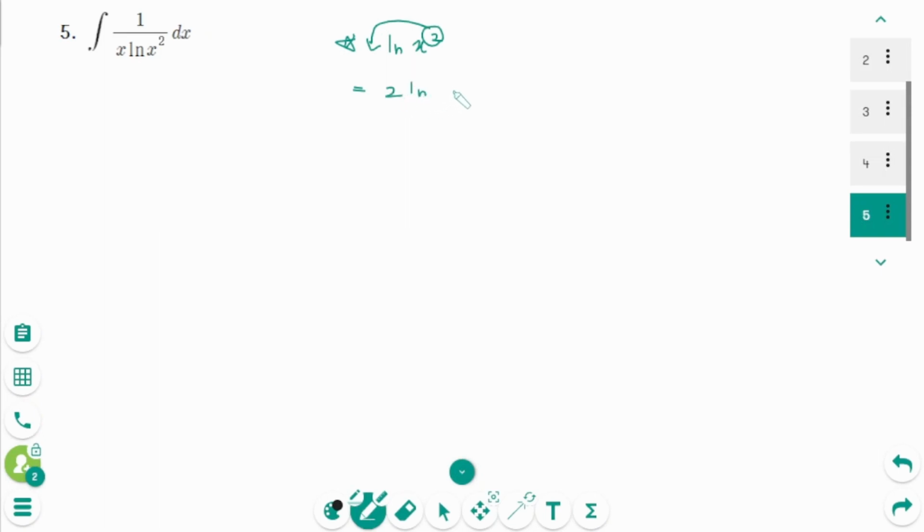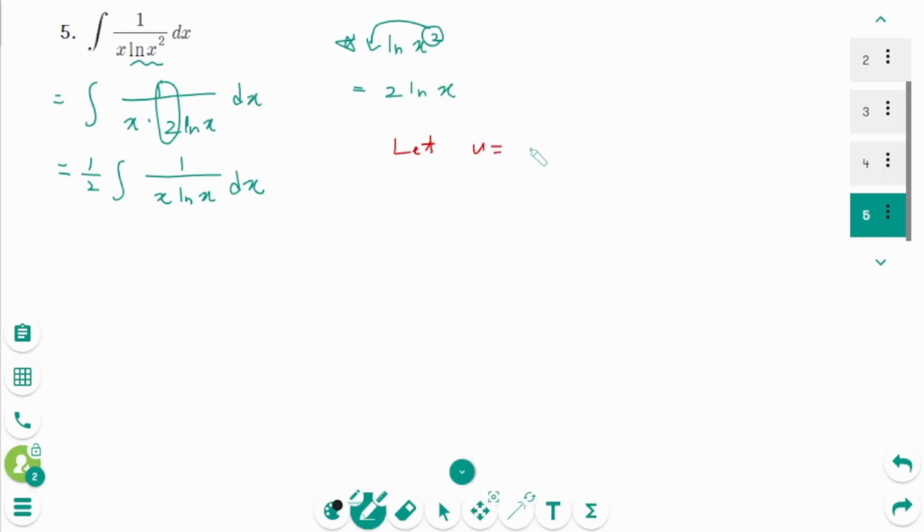So we can rewrite it as the integral of 1 over x times 2 ln x dx equals 1 over 2, moved here, the integral of 1 over x ln x dx.